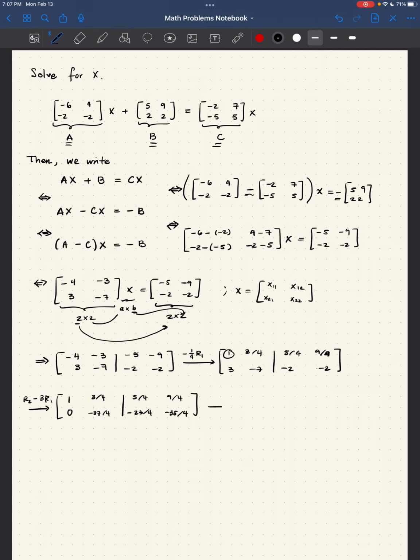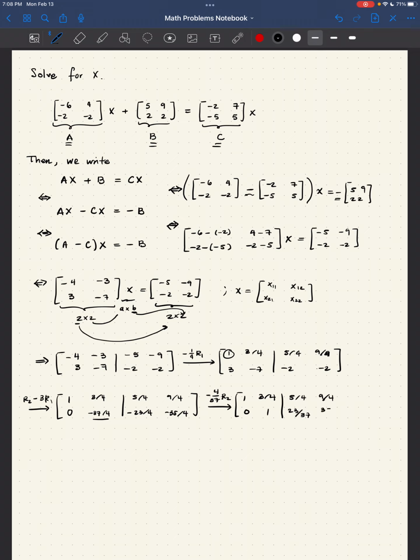Next operation, I'm going to multiply by the reciprocal of this entry on the second row. So I have negative 4 over 37 of row number 2, and that converts the following matrix: 0, 1, then 5 fourths, 9 fourths, 23 over 37, 35 over 37 on that entry. I'm saving some computations here that you can verify.